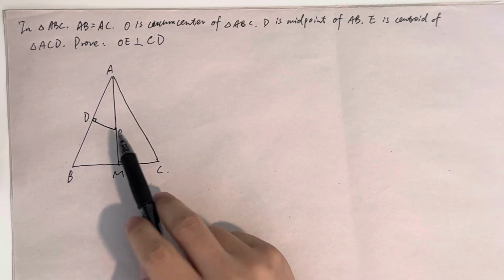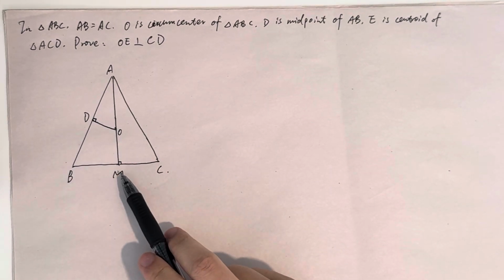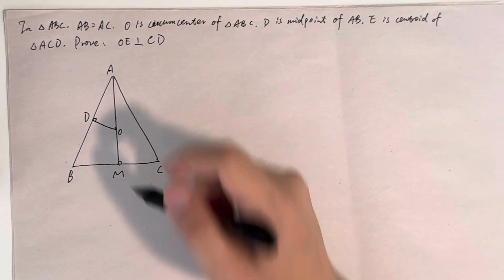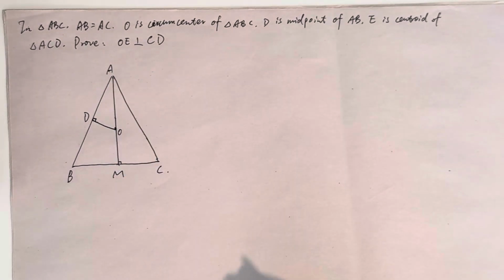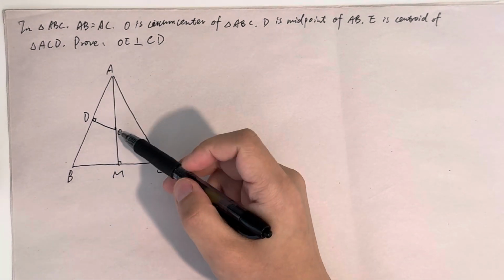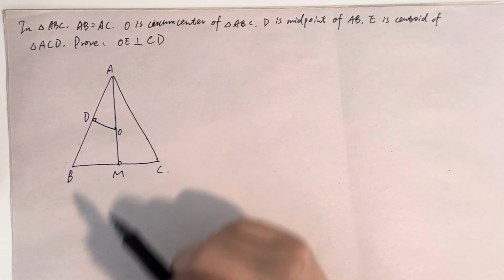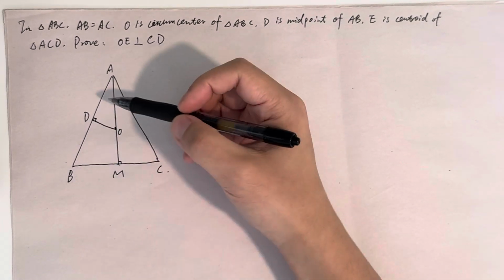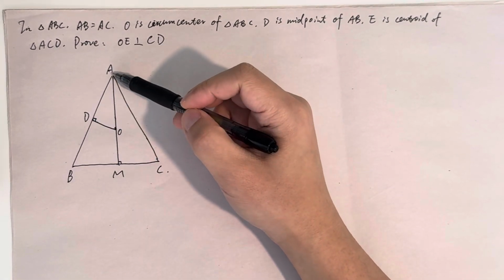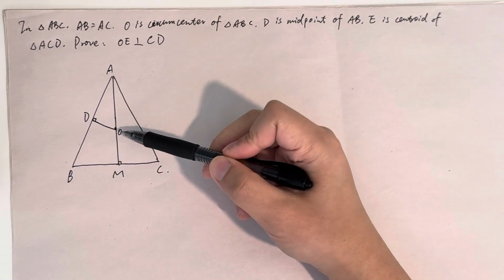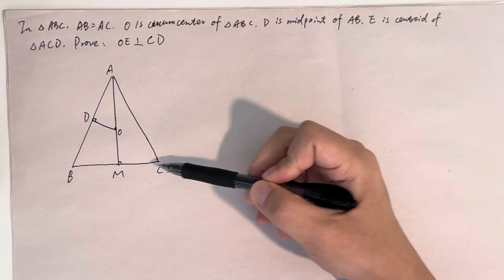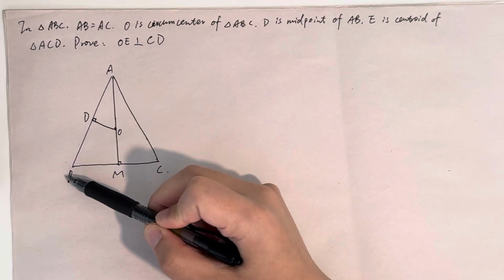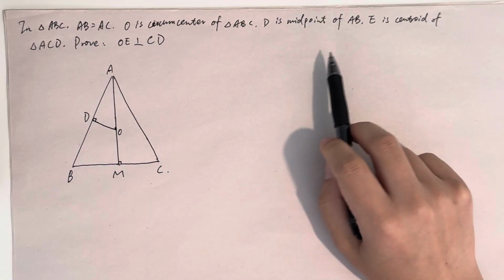Which also means ODBM are cyclic, right? We don't know whether it's useful or not, but it helps us have more to work with. OD is perpendicular to AB, and OM is perpendicular to BC, so ODBM are cyclic.